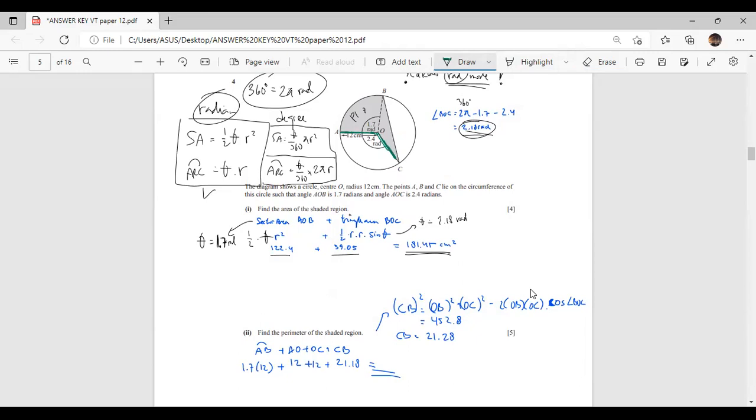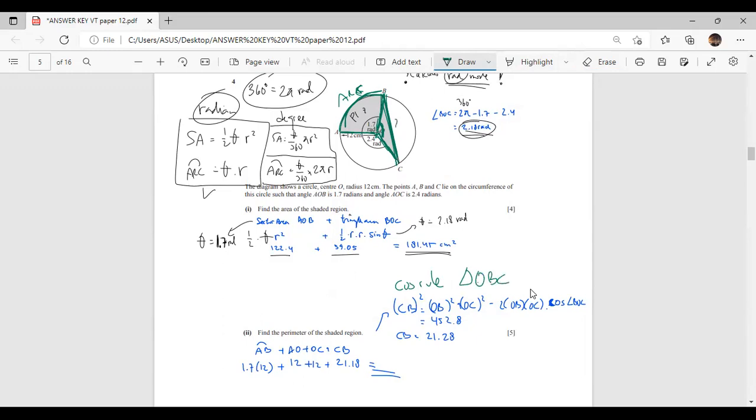So radius plus arc, right? Arc plus the length, right? So the length of CB using the cos rule, right? The length of CB, cos rule. Why? Because we have this triangle, right? And this triangle, so you use the cos rule on triangle OBC, right?